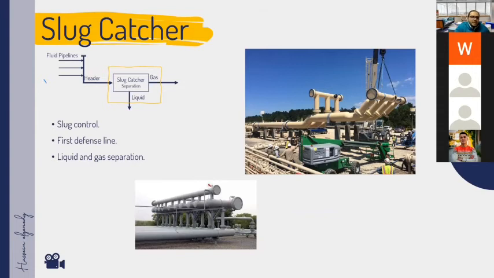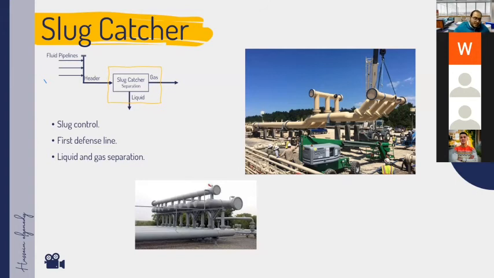So it's required to use a separator called a slug catcher, which is finger type like this. A separator with fingers can handle the high amount of liquid coming from the wells. It is also the first line of defense when it comes to liquids and slug control.